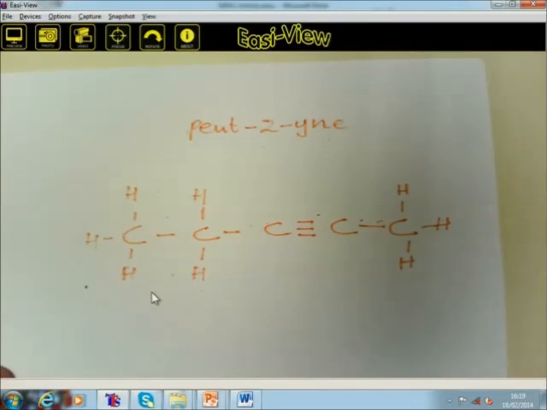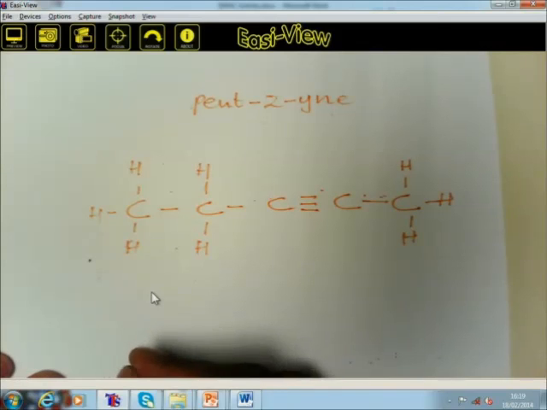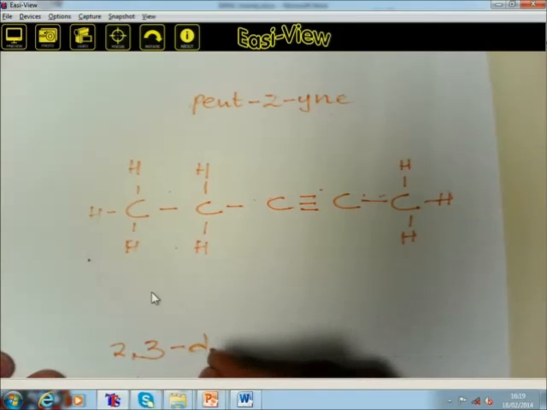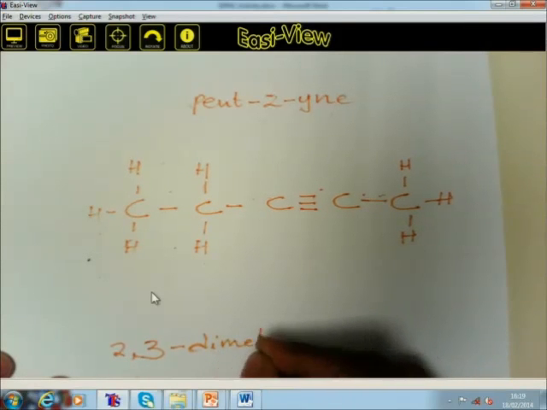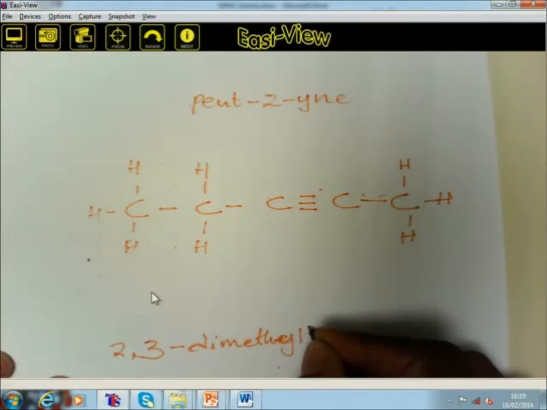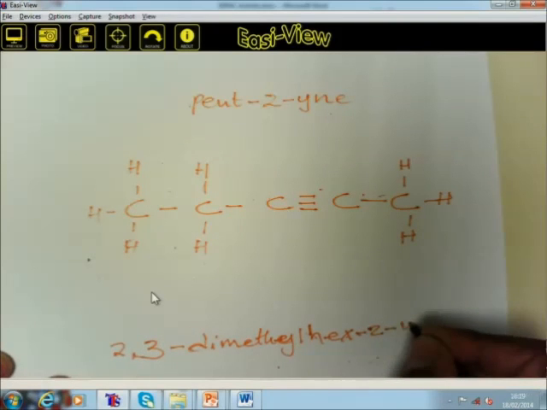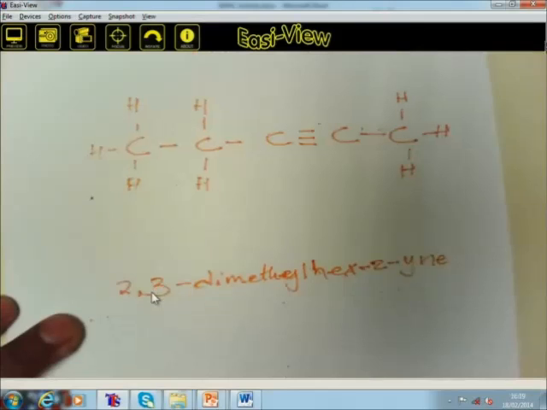All right. Let's say, for example, let us put some substituent into this and see how the structure will look like. Let's say at carbon number 2 and carbon number 3, you've got a dimethyl, and then hex-2-ine. All right.